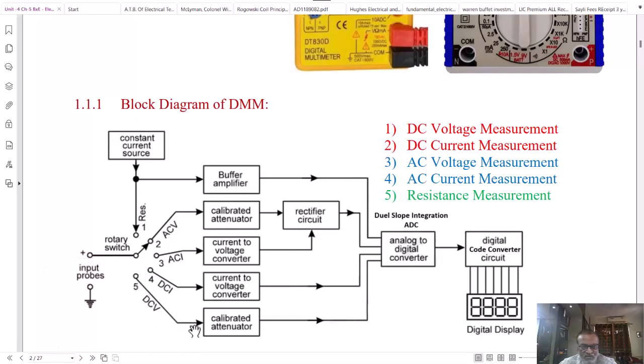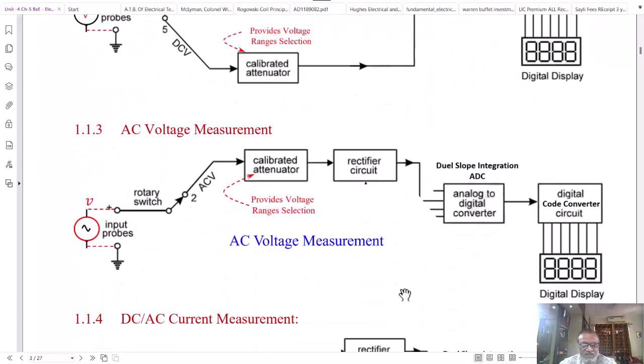This input is now applied to the calibrated attenuator and then it goes to the analog to digital converter and then it will be displayed on the display unit, which is driven by the appropriate LCD display driver as well as code converter. The same circuit is redrawn here.